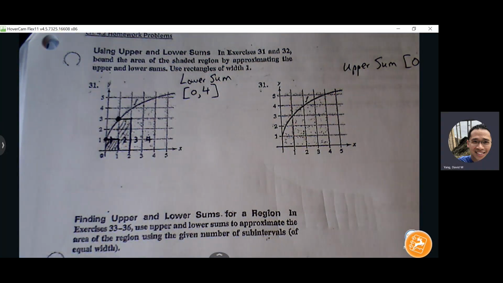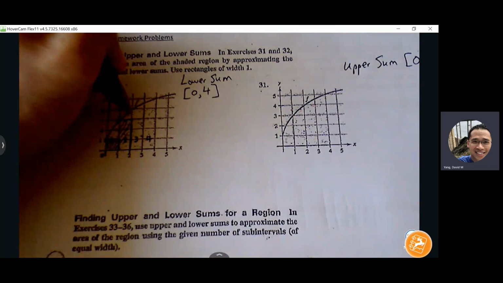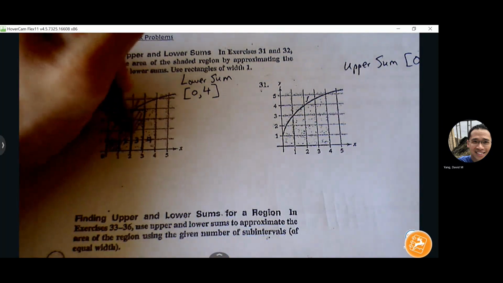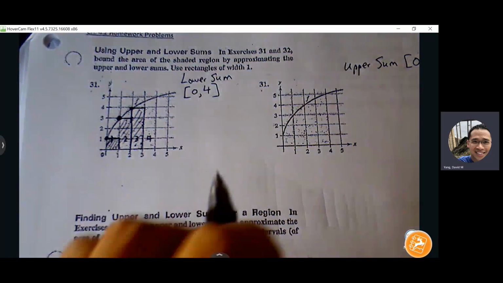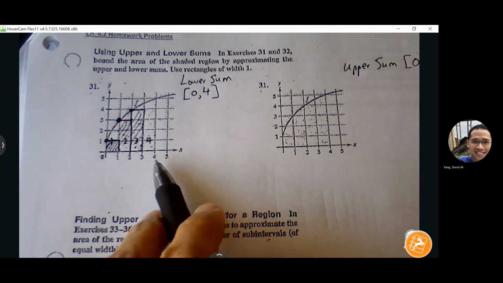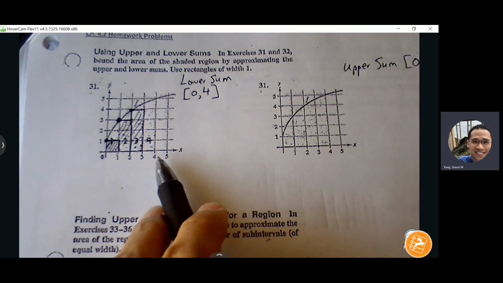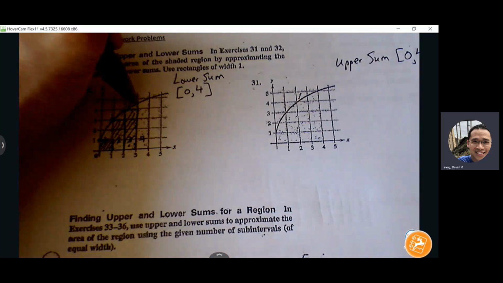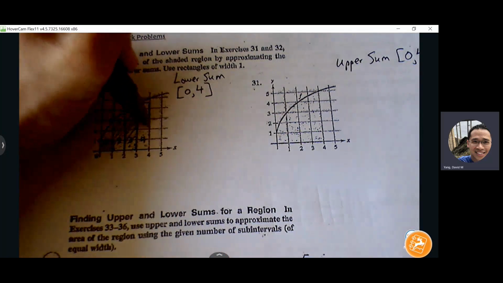My third subinterval, which is hitting the graph at a lower point, f of 2 or f of 3? F of 2. And then between f of 3 and f of 4, which is hitting the graph at a lower point, f of 3. Okay. Highlight that point, drag that height over.